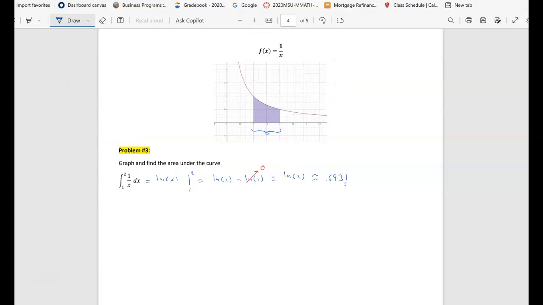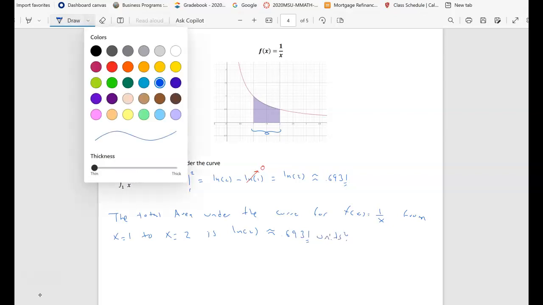And I'll just say that the total area under the function, in this case for f of x equal to 1 over x, from x equal to 1 to x equal to 2, is technically the ln of 2, which happens to equal 0.6931, and then once again, units technically squared.